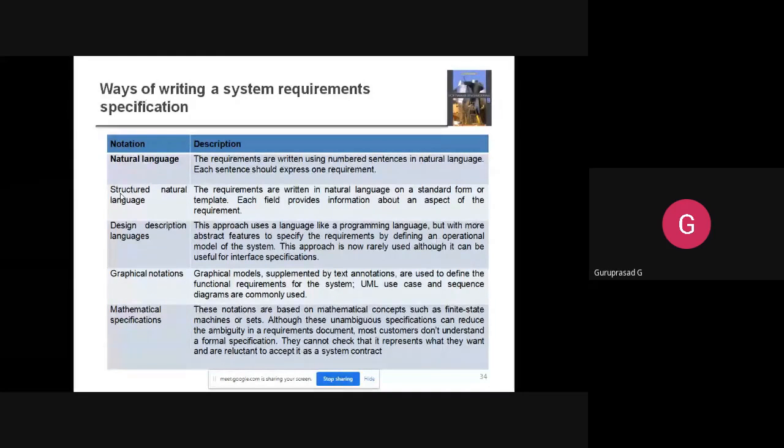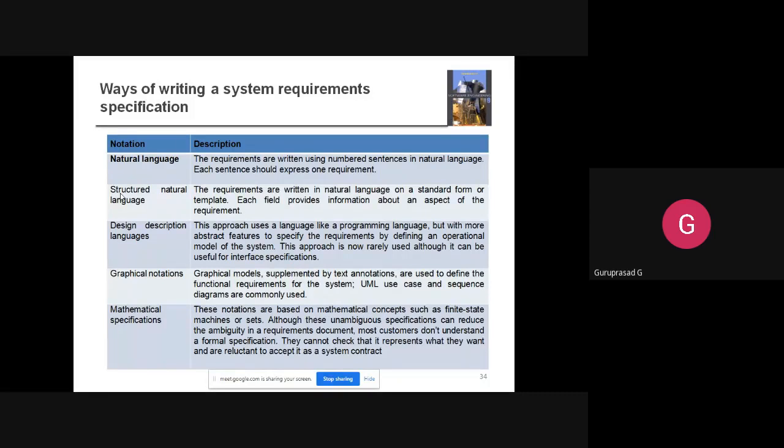It is a way of writing system requirements where the freedom of the requirement writer is limited and all the requirements are written in a standard way. So less freedom is given to the requirement writer. So it should be written in a standard way, which gives the most expressiveness and understandability.